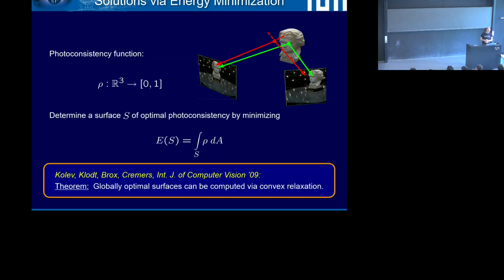For this class of problems, however, we were able to prove in 2009 that even though this problem is not convex, you can compute provably optimal solutions efficiently by techniques that are called convex relaxation. This is a little bit more mathematical. We'll not actually go into this stuff in this class, I don't think.